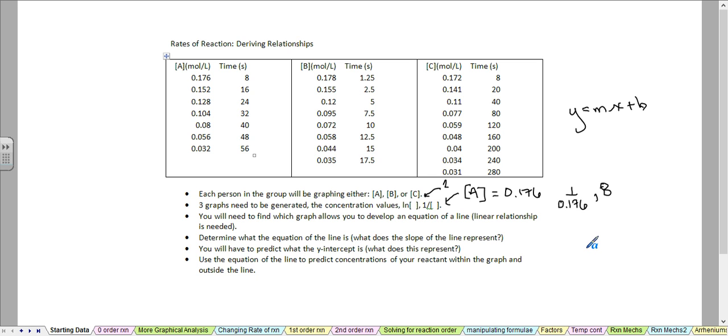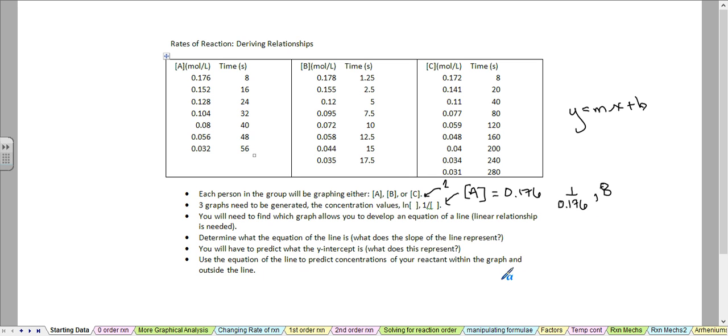At this point, I'll pause the video so you can make the three graphs for reactant A, reactant B, and reactant C, and we'll see what different relationships are possible here.